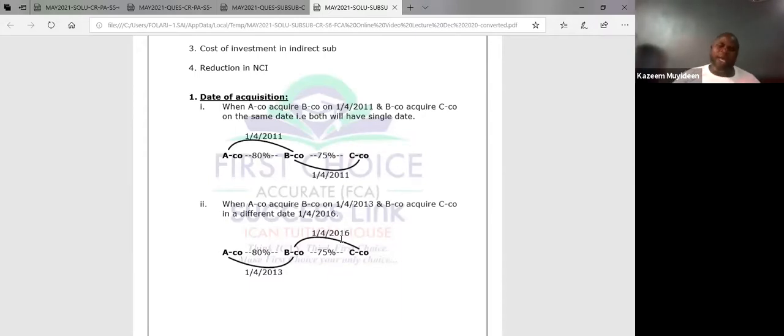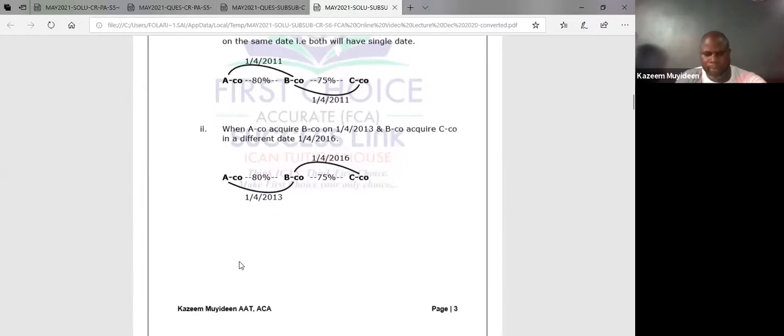This one has been tested. ECO acquired BICO in 2013. BICO now acquires SICO 3 years later. The day BICO acquires SICO, that day SICO becomes an indirect subsidiary of ECO. That is the second one.